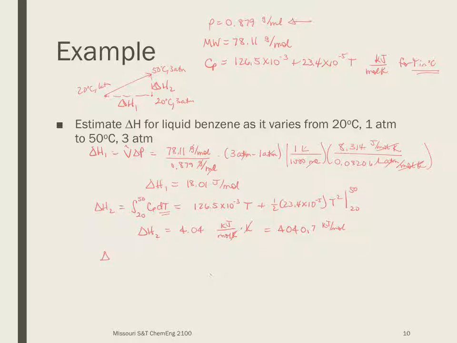And delta H is simply the sum of these: 4058.7 joules per mole, or with more appropriate sig figs, 4060 joules per mole. Notice that a very small contribution comes from the pressure change. Most of the contribution is due to the temperature change.